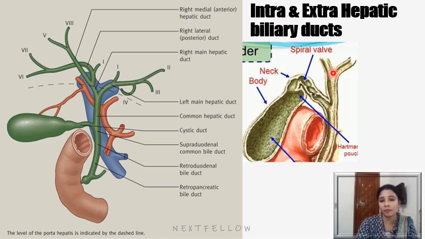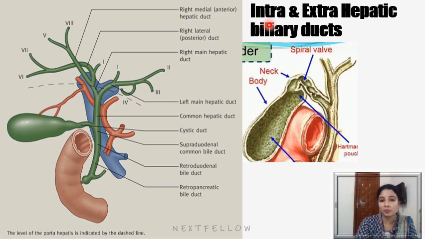It can go from the hepatic duct into the gallbladder, and from the gallbladder into the common bile duct. That is the importance of the spiral valve.